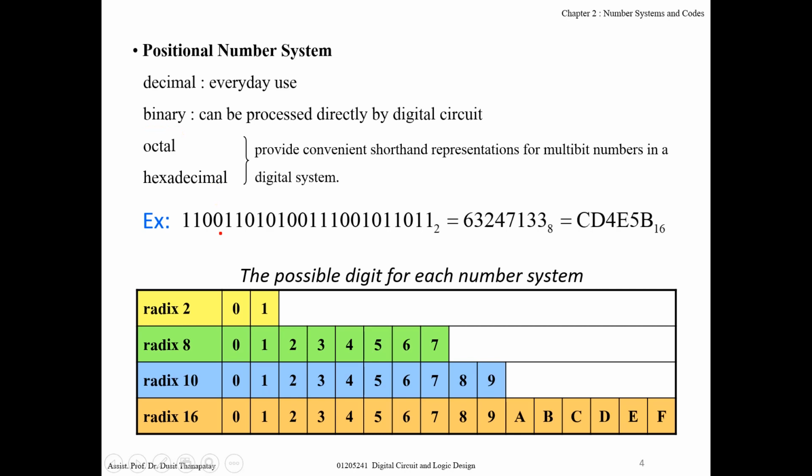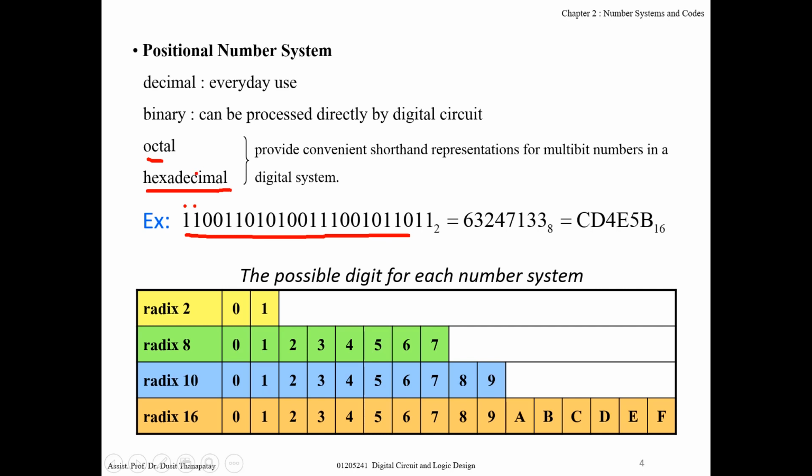Anyway, if you write down a binary number, it's a very long string with just 1, 1, 0, 0, and so on, and it's easy to confuse when you write it very long. So to make it shorter, we often write in octal or hexadecimal form.